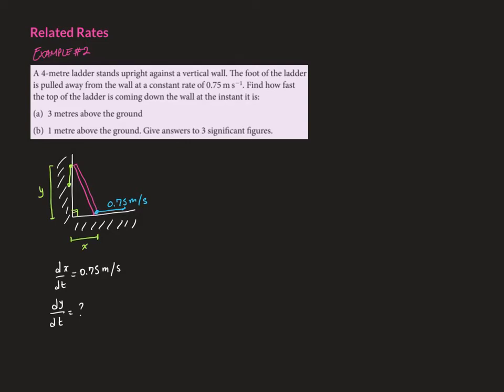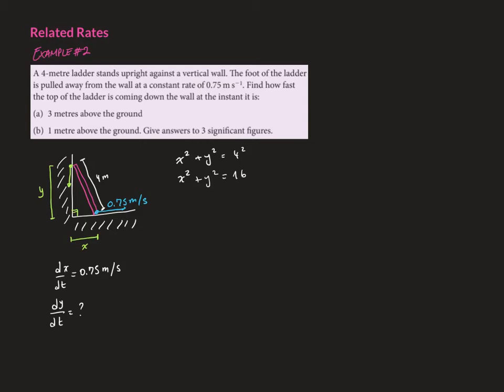Now we know that the ladder is 4 meters long, so the distance from here to here is 4 meters. So we can create a relationship if we use Pythagoras theorem, that is x squared plus y squared would be 4 squared, or x squared plus y squared equals 16.